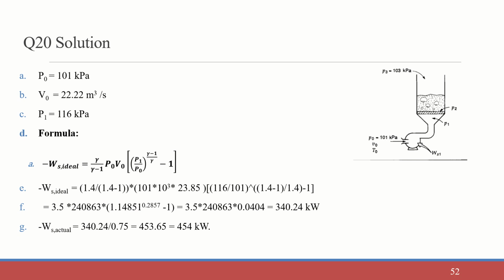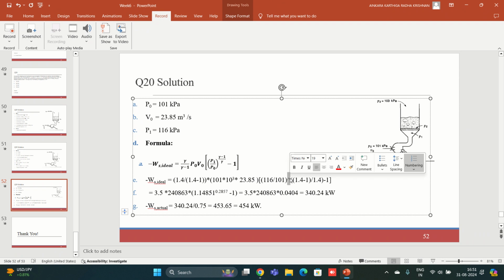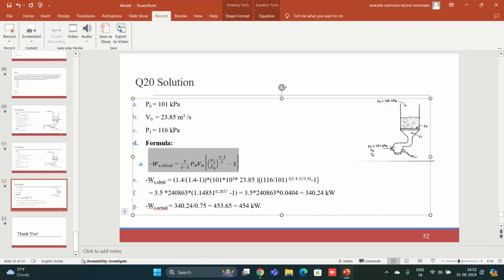I mean, V naught is 23.85 meter cube per second, and P1 is 116 kilopascal. So we are going to substitute everything in the formula.